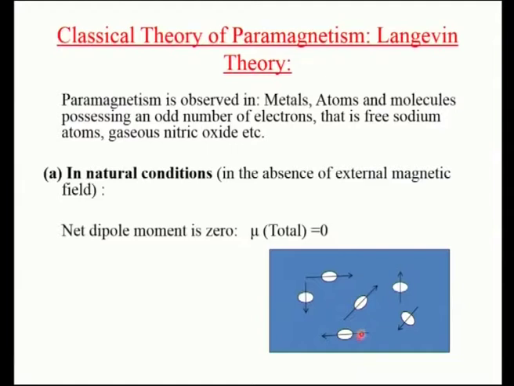These free electrons alone contribute to this paramagnetism, and their corresponding spin magnetic moments from each electron are randomly oriented as shown here.